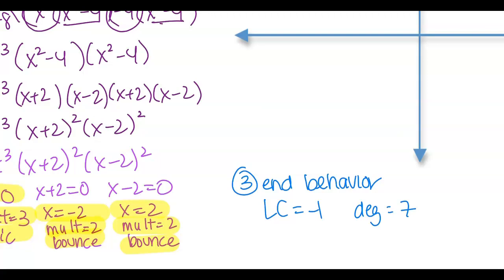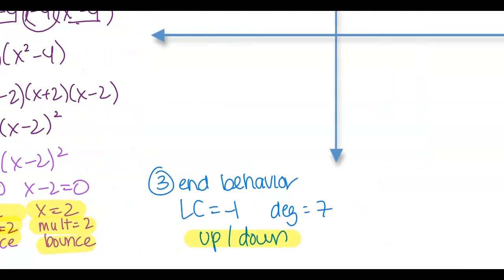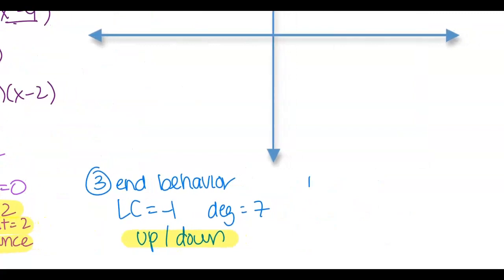How is it going to look? Up, down. Good job. And then the last question, Valerie E. What's the y-intercept here? Remember, you would plug in 0 for every x that you see. So what's the y-intercept? Say it again. 0. That's exactly it. Good job.